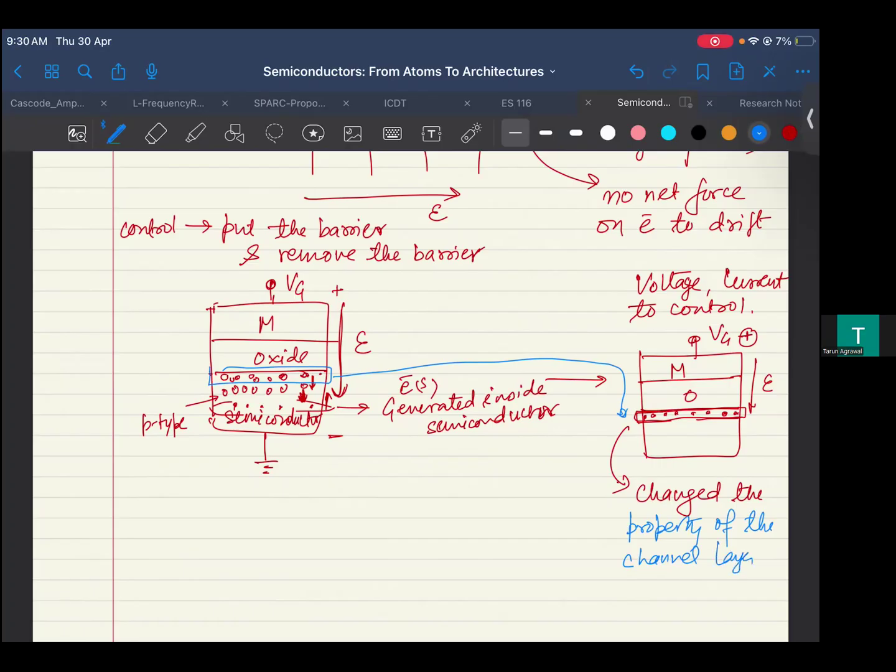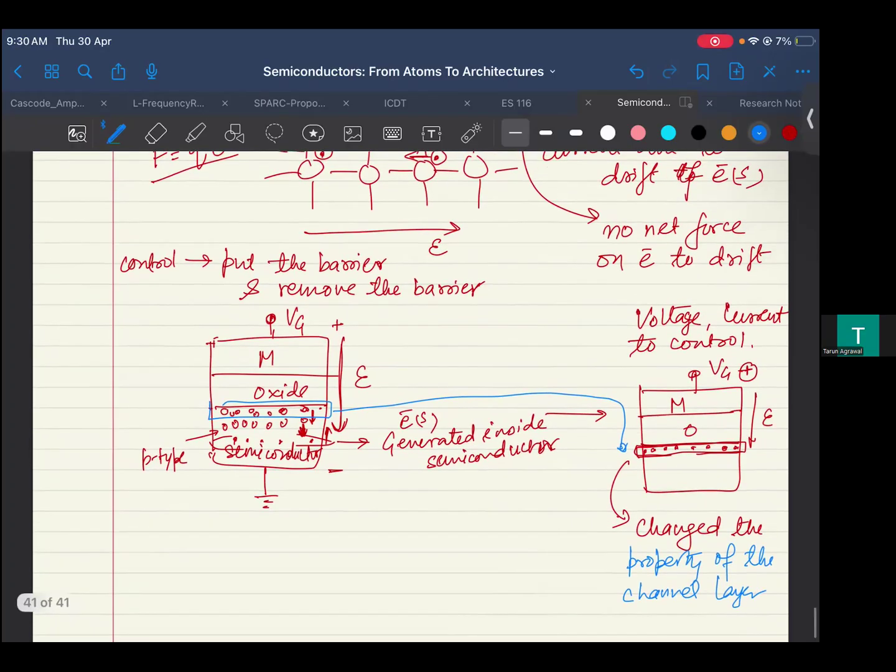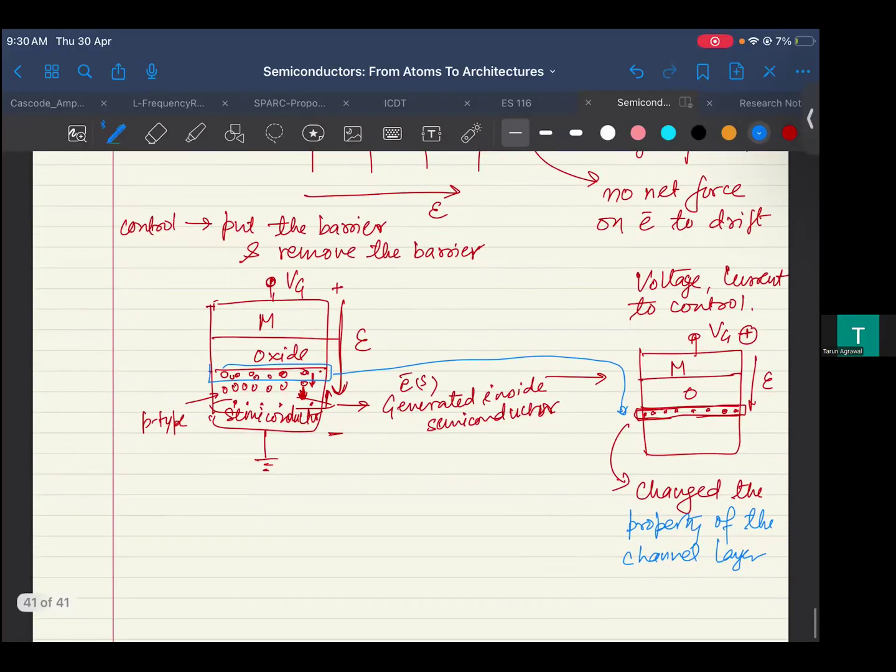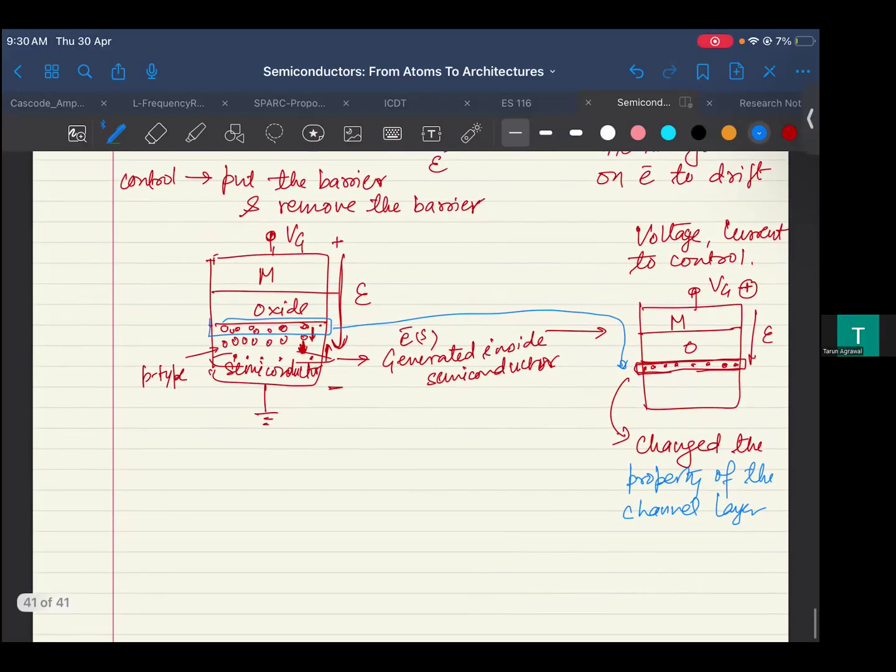So now one can say, okay, if you are able to change the property, what does this do? This just changes the property of the semiconductor. Is there any current flowing yet? No, because even if the electrons are there at this side and they feel the drift to go to that side, this oxide creates a barrier for these electrons, right?